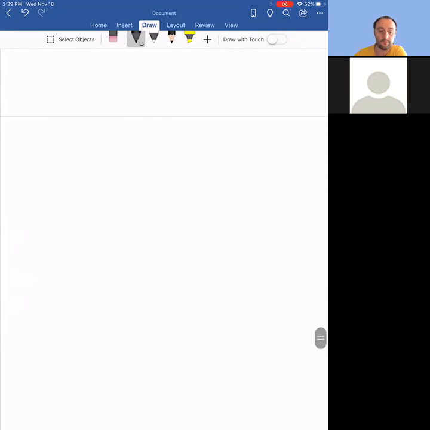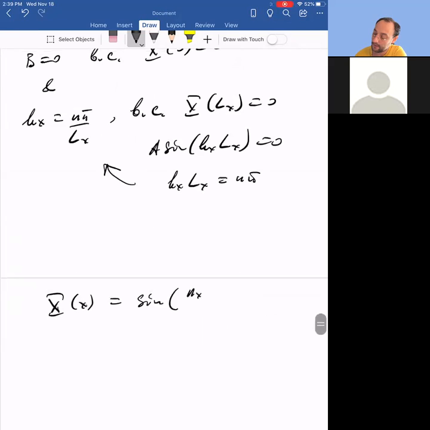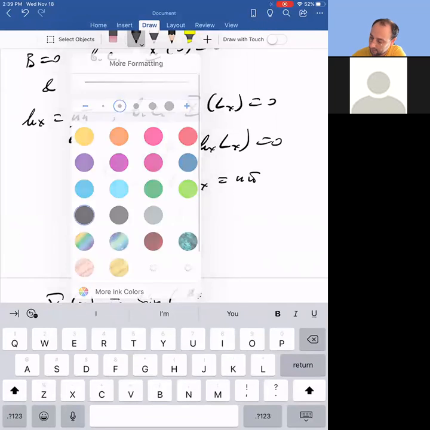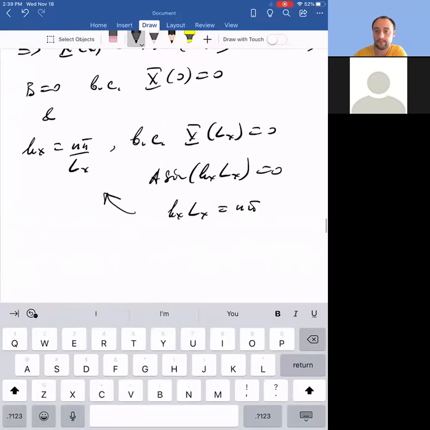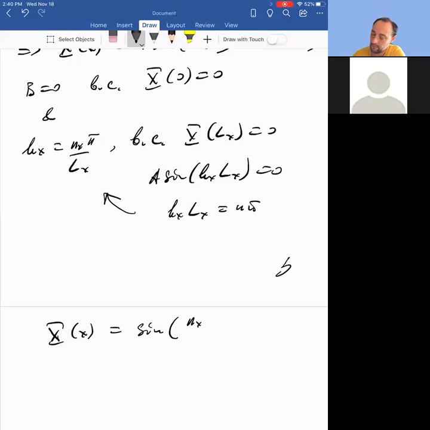So in summary, what we have is X of x equals sine of nx pi x over Lx.